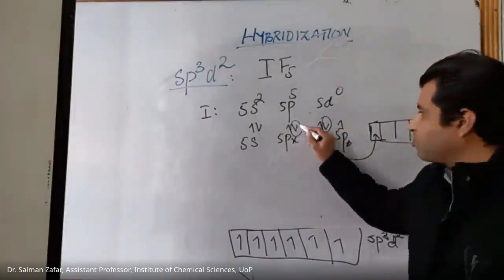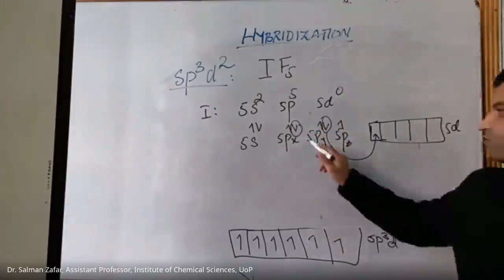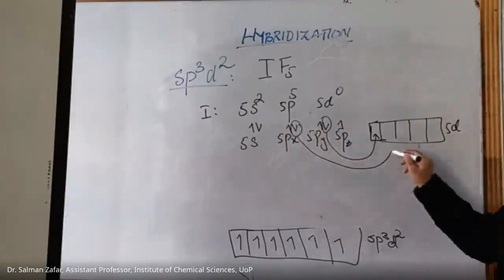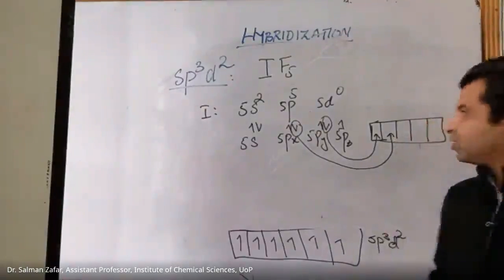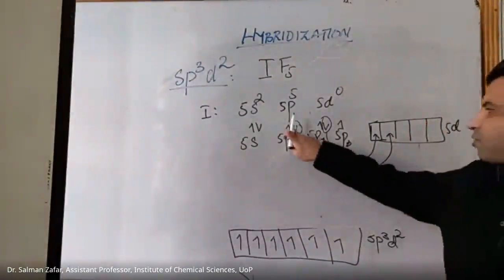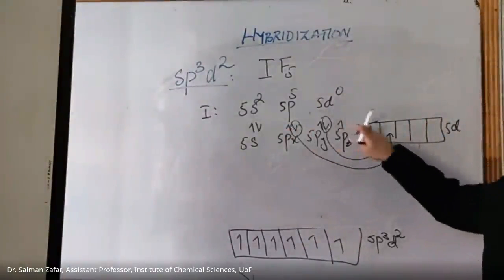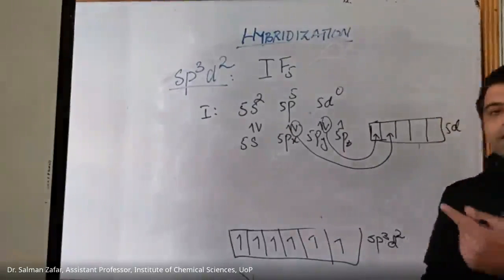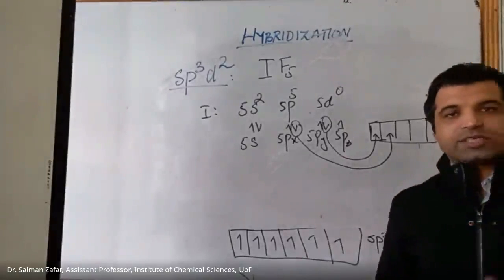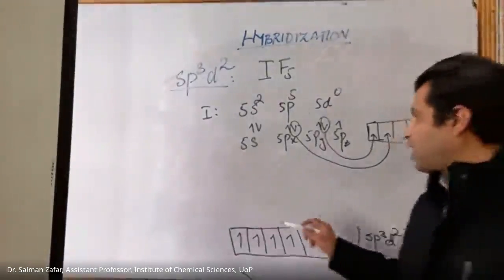So then we have to excite another electron from the other p orbital into another d orbital. And now you can see we are left with 1, 2, 3, 4, and 5 unpaired electrons. So again, it's a doubly excited state of iodine.